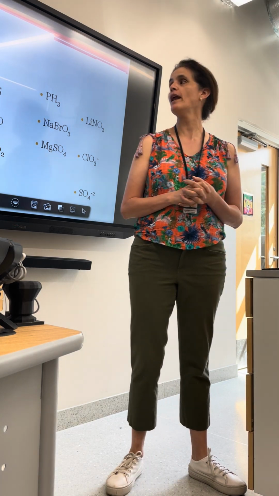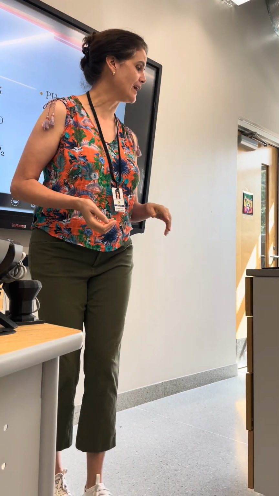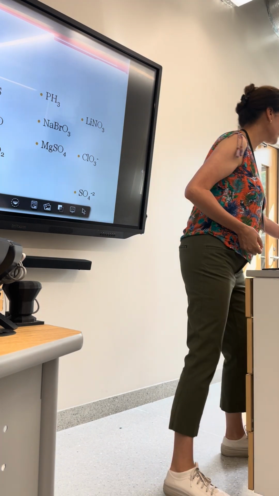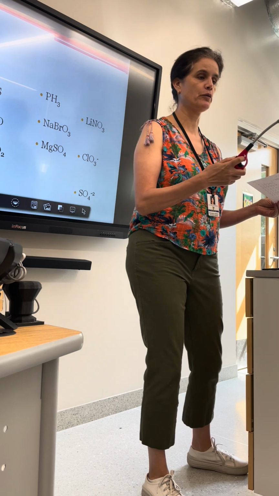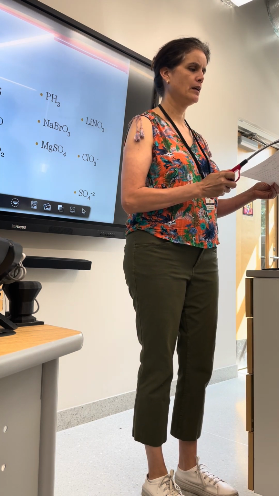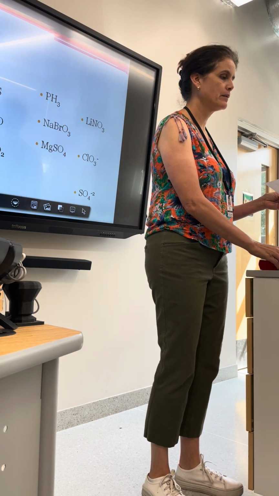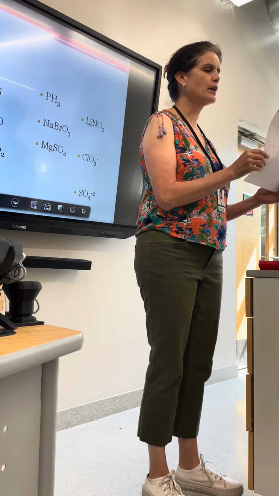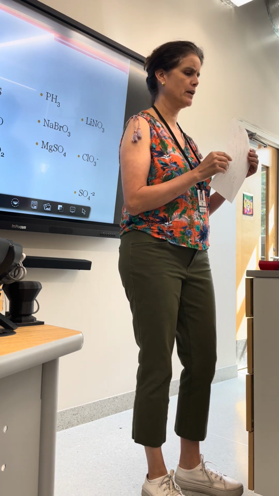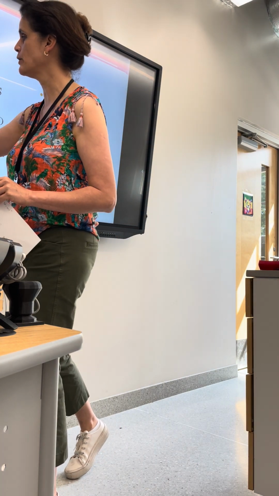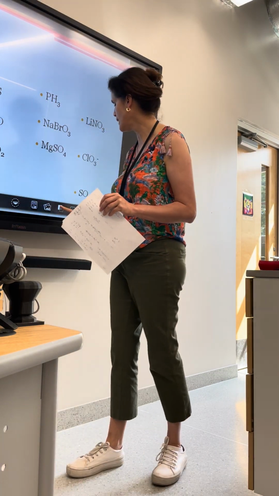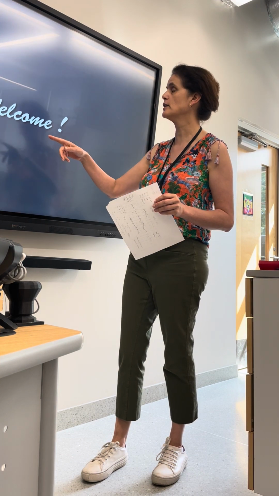So what I wanted to tell you is what's happening here. If I burn paper, I told you that most things that you burn have carbon, hydrogen, and oxygen, and this has cellulose, which has carbon, hydrogen, and oxygen.